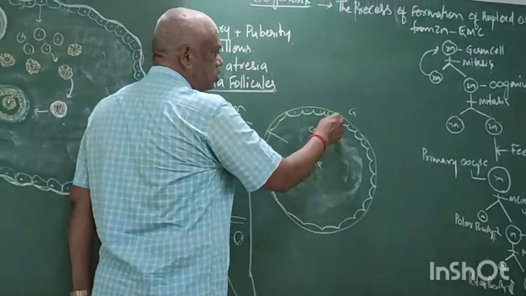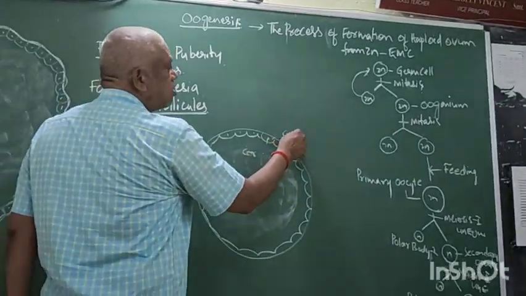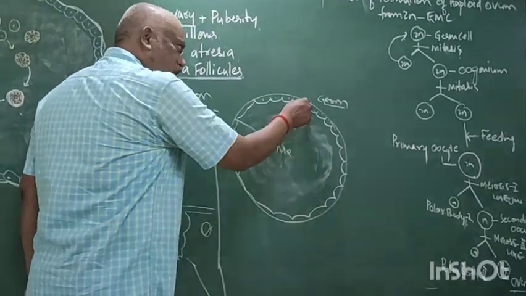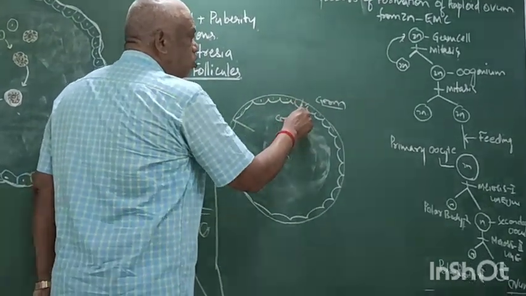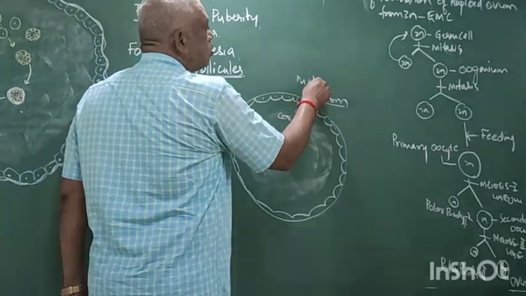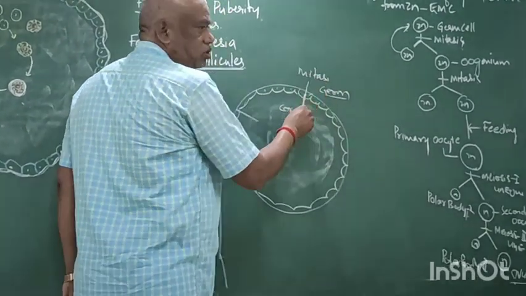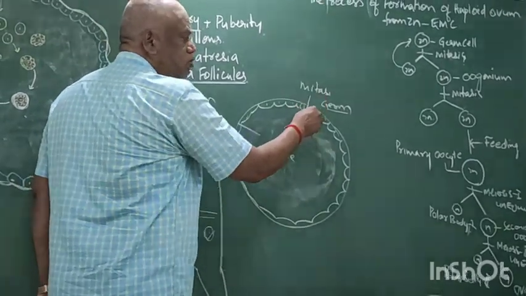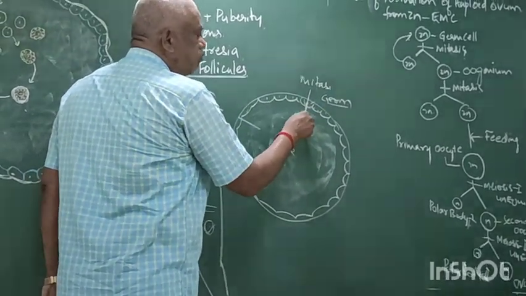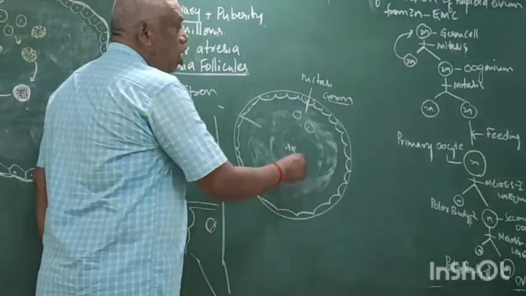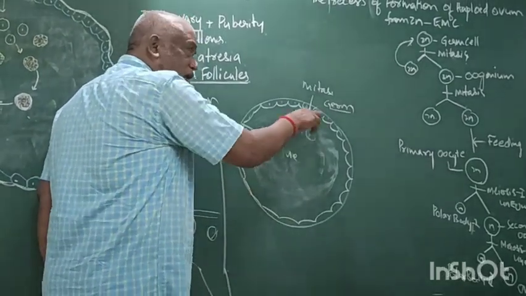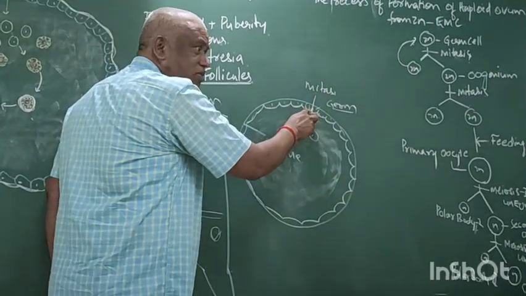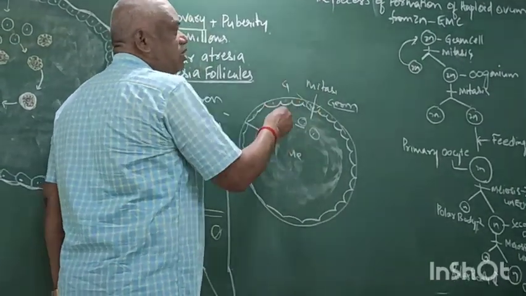The cells of the germinal epithelium are called germ cells. Each germ cell undergoes mitosis, and two daughter cells are formed. One daughter cell remains in its own place as a germinal epithelial cell.